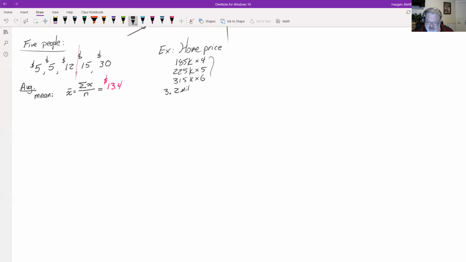If you average those together, what's that $3.2 million going to do to that average? It's going to jack it up, right? That average would be higher than likely all of those, just because of that one large house.